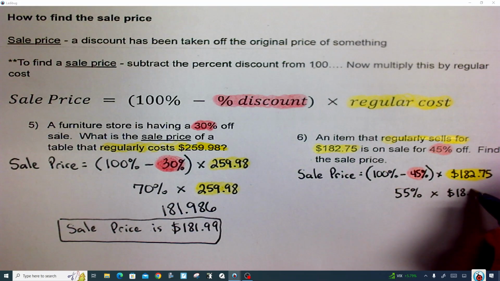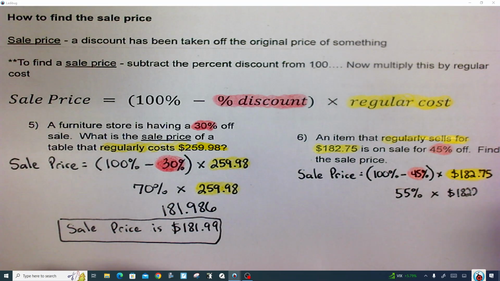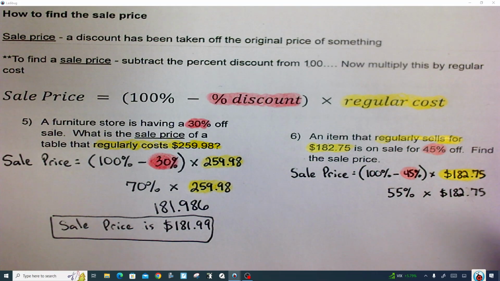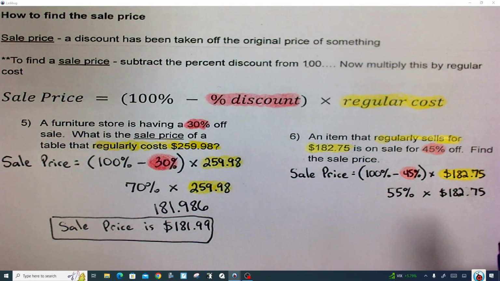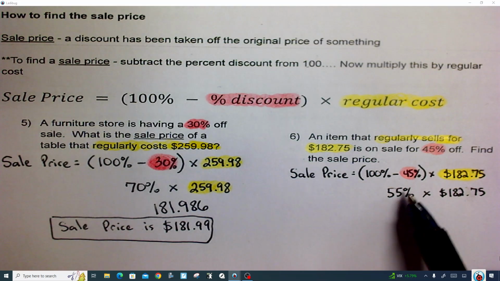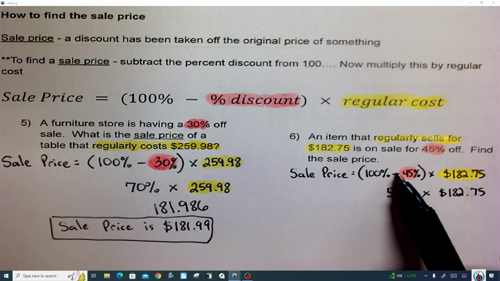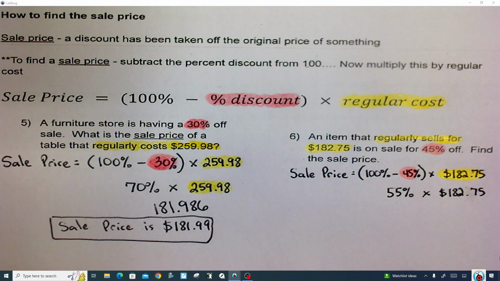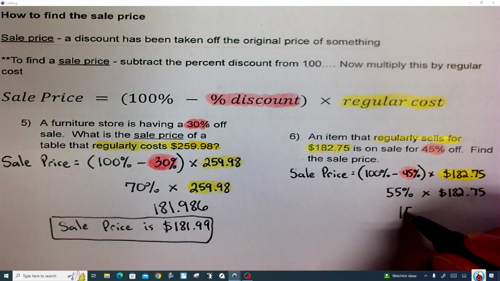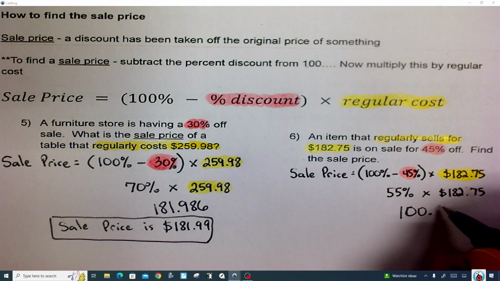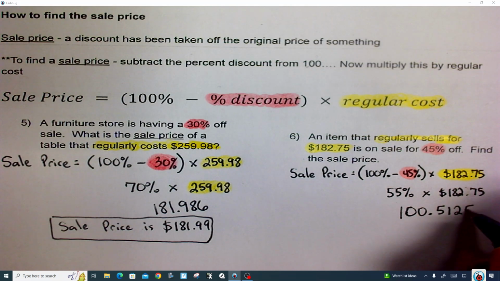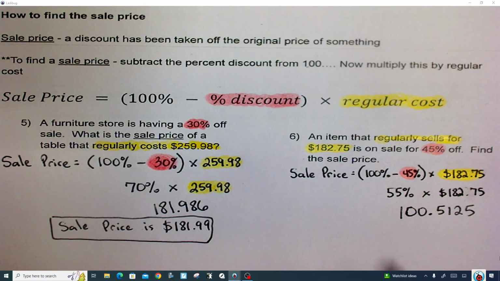And then we can times it by the regular cost. And this makes complete sense to me because we're taking 45% off of the price. That means that the amount you'd be paying would have to be 55%. And the calculator would show us that it would be $100 and basically about 51 cents. That's what your calculator would be showing you. So make sure you restate and round that to the correct decimal spot.